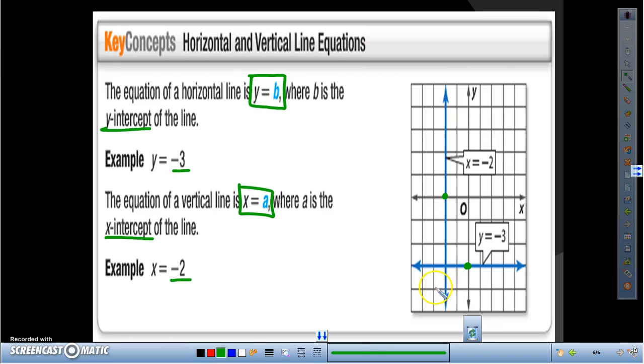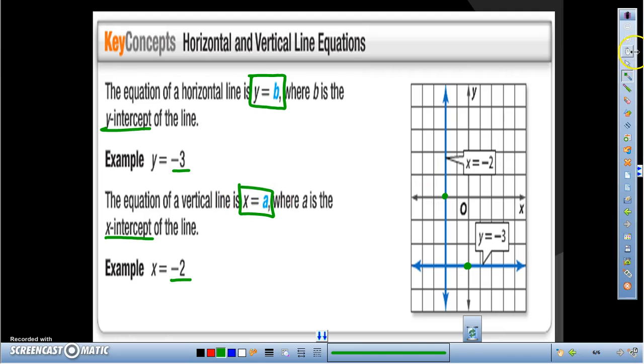Okay, so those are your special cases, and it would be in your best interest to just remember, if you have y equals a number, it's horizontal, if you have x equals a number, it's vertical. I know it seems a little backwards with your x and y axis, but it's the way it is.